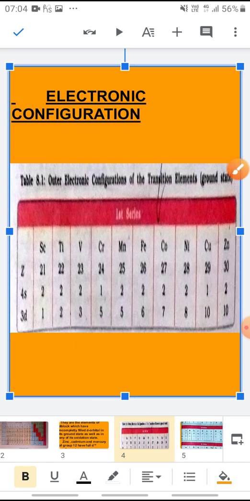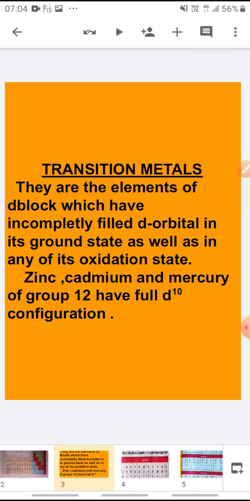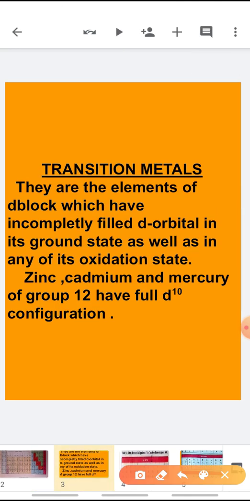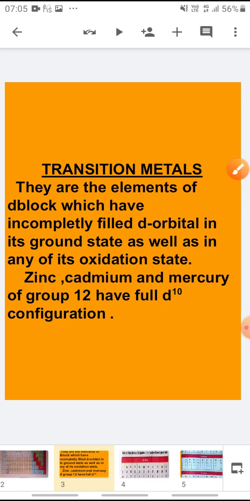So, the element zinc is not called a transition element. Similar is the case with cadmium and mercury. They all have fully filled d orbital, that is d10 configuration. So, they are not called the transition elements.